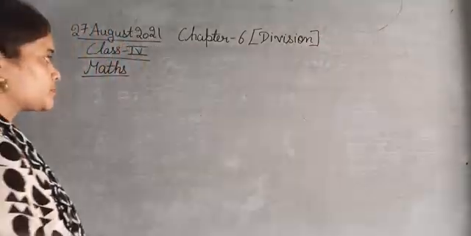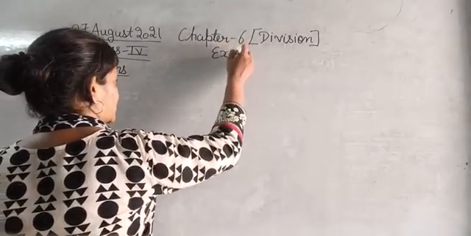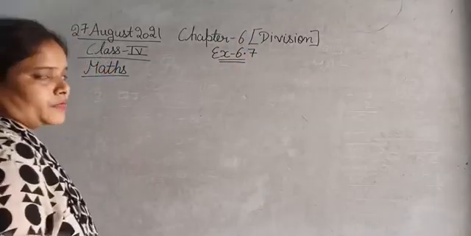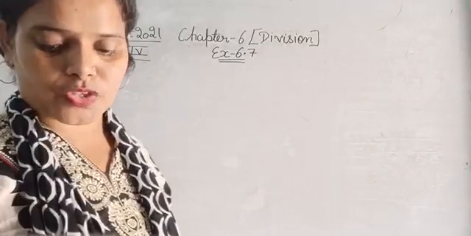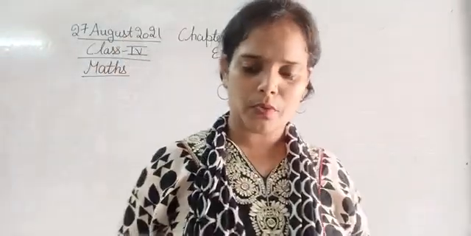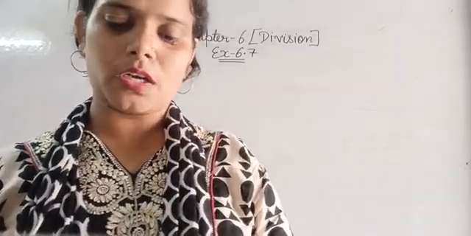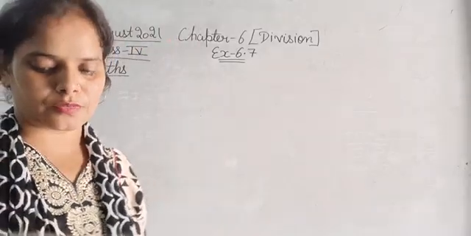And we will start with exercise 6.7. We have already done up to question number 3. So now I am going to start with the next question, that is question number 4. So let's begin with question number 4.